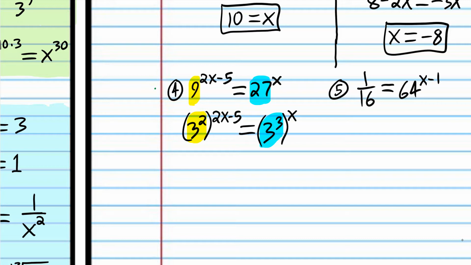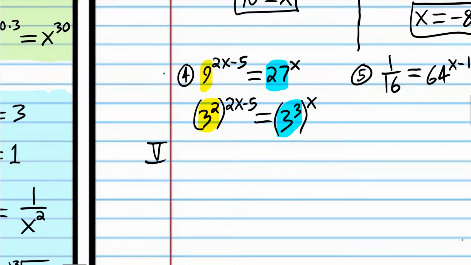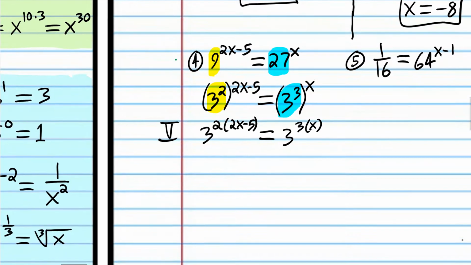So now we're going to use Rule 5. Raising a power to another power, we just multiply the exponents. So we have 2 times 2x minus 5, and 3 to the 3 times x power. Use distribution on the left side of the equation, and we have 4x minus 10.